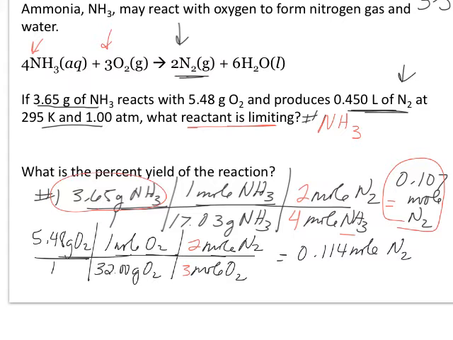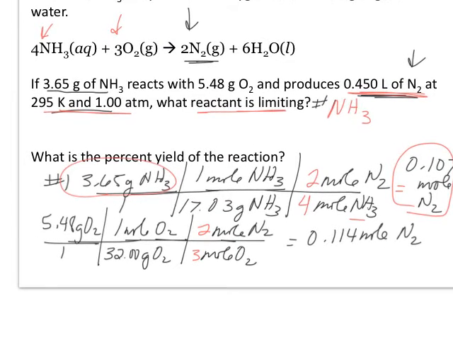What is the percent yield of the reaction? Now this is where you need this here. What is the equation for percent yield? You have to have that memorized, right? So percent yield equals actual over theoretical times 100%.